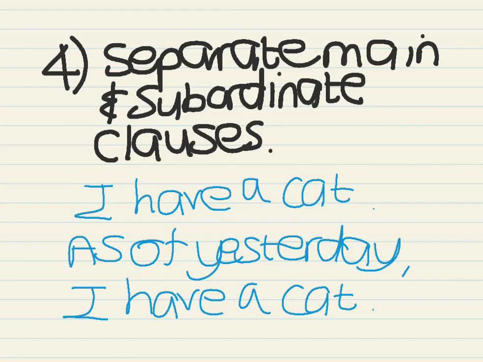Now we have our main clause, which is still, I have a cat, but we've added a subordinate clause, which is as of yesterday. As of yesterday is not a complete thought because we need additional information for it to make sense, which is how we know it's a subordinate clause. And we separate both the subordinate clause and the main clause with a comma.